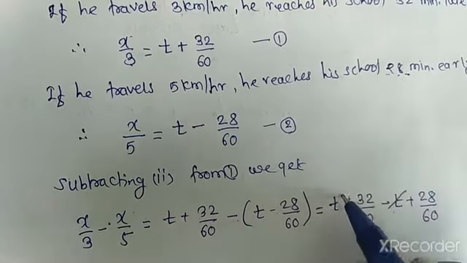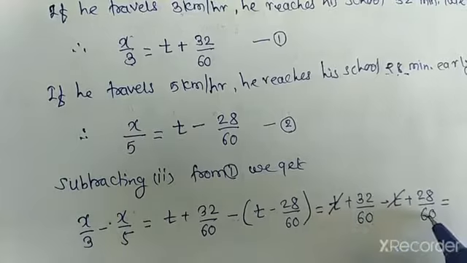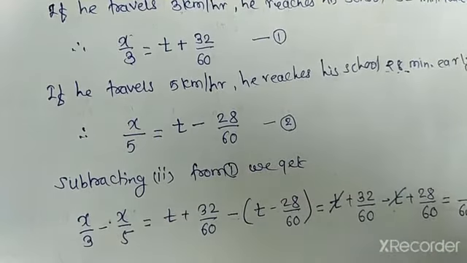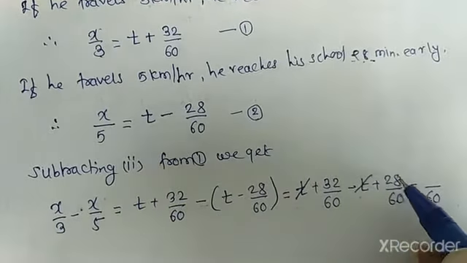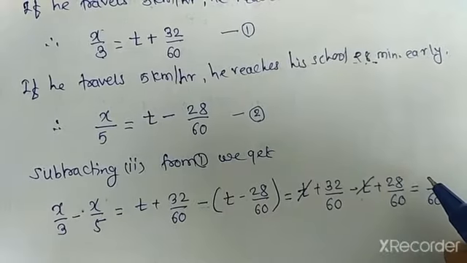So plus t minus t will get cancelled. Now the denominator of both terms is 60, which will be taken as it is, and 32 plus 28 is 60.